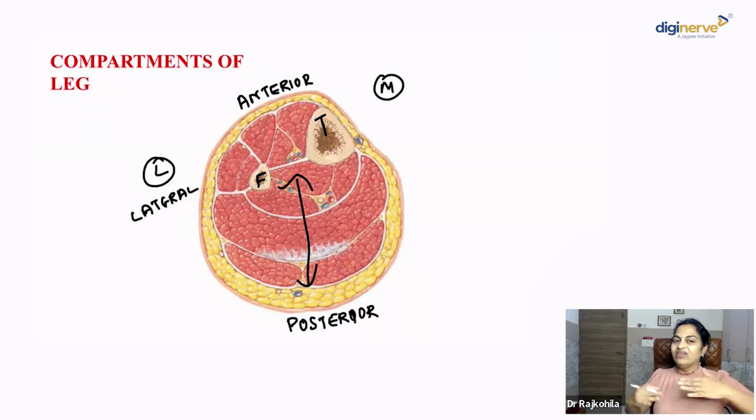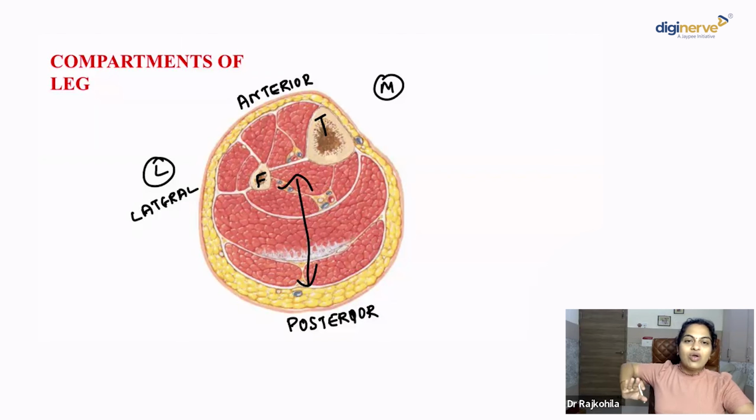So remember thigh, we divided into front of thigh with the femoral nerve, back of thigh with the tibial component of the sciatic nerve, and medial side of the thigh with the obturator nerve. Now coming to leg, it's again front of leg, back of leg, and the lateral compartment of leg, right? So the muscles in the front of the leg, what will be their action at the ankle joint?